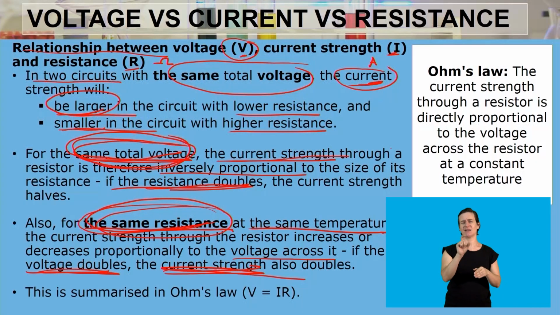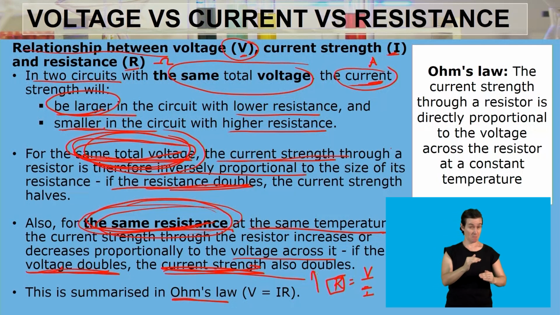Now, all of these relationships, the relationship between the current strength and the resistance, provided that the voltage remains the same, or the relationship between the voltage and the current strength, provided that the resistance at the same temperature is constant, can be summarized by using Ohm's law, which states that the resistance is equal to V over I. When the resistance increases, the current must decrease, provided that the voltage remains the same.